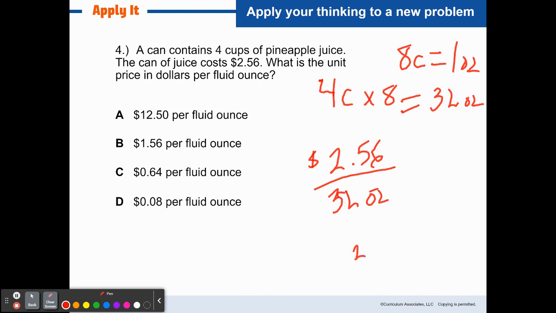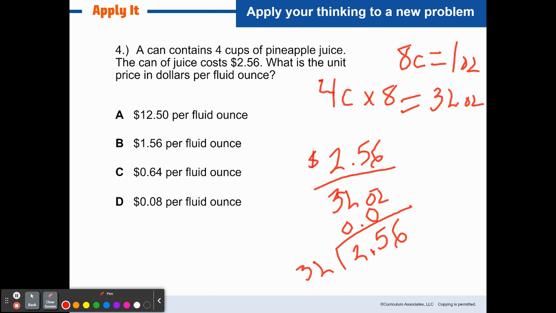Now these zeros matter because you are dealing with money and decimals and place values in front of your value. So those zeros matter.